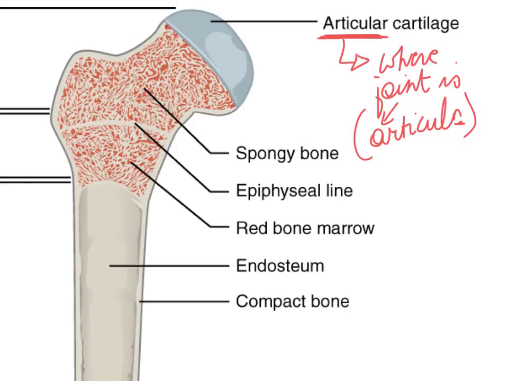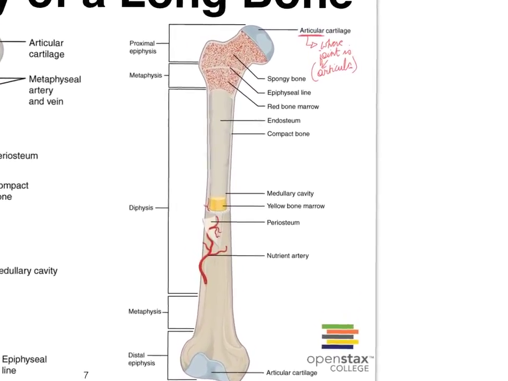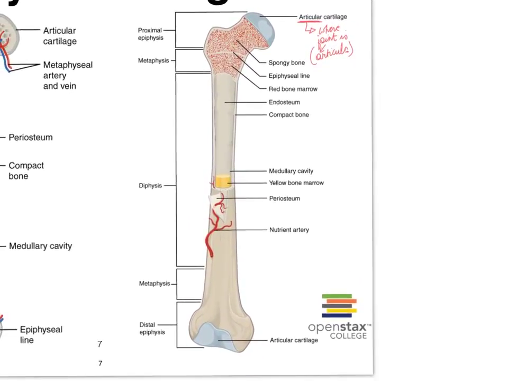Now if we bring this back to its original size, what we're going to do next is focus on the membranes that we find inside of the bone and on the outside of the bone. They're called periosteum and endosteum. I want to give you a little bit of a preview. On top of the bone collar, we're going to see the periosteum.